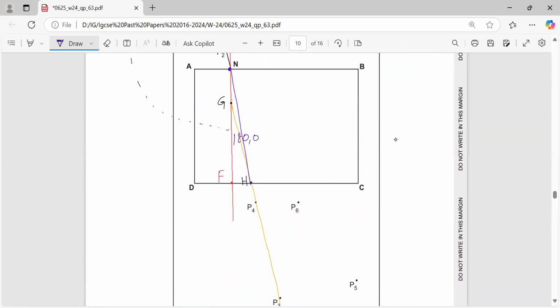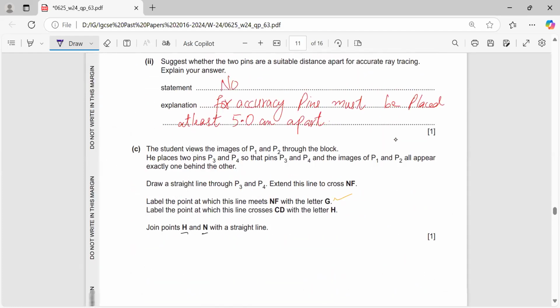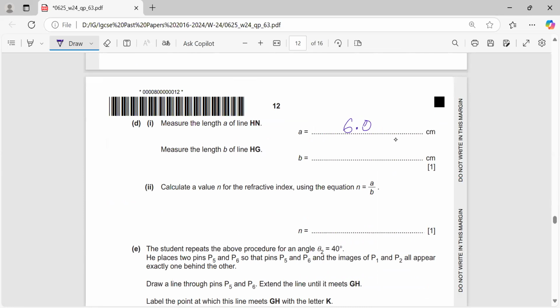HG, for me, is 4.5 almost. So 4.5 centimeters.